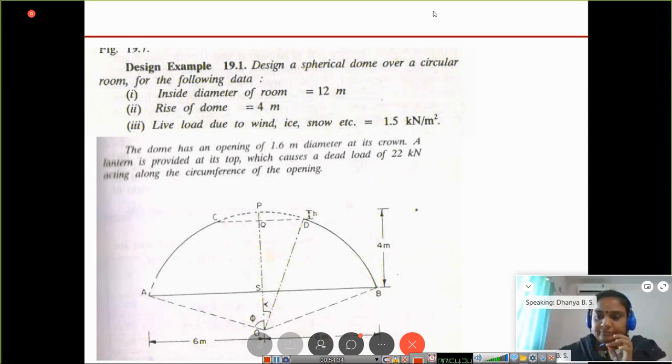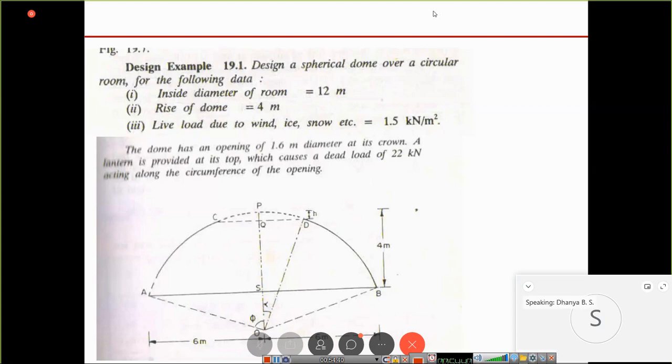Which IS code will we use for this? The IS code is actually IS 456 itself.